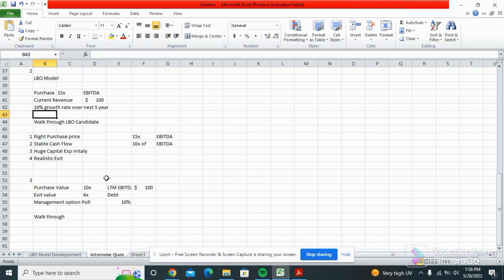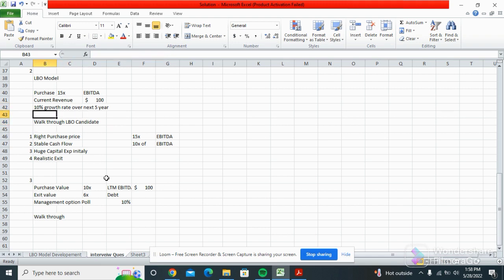The second thing is that the company has a current revenue and there is a 10% growth rate over the next 5 years. So we are assuming that the cash flow may be stable and we can earn a great cash-on-cash return and IRR if the growth is according to the 10% growth rate.